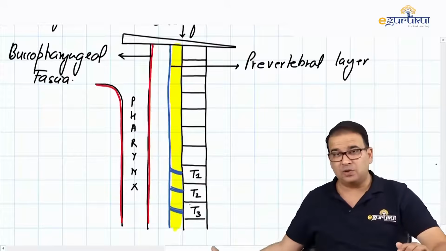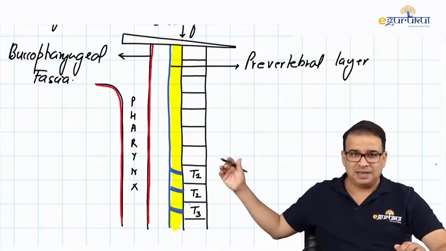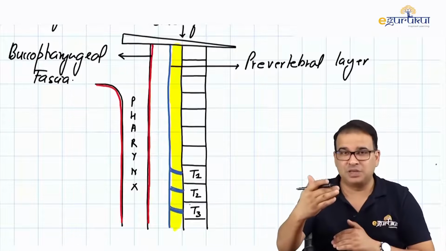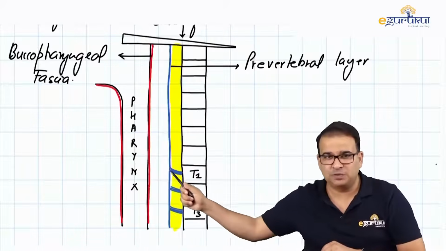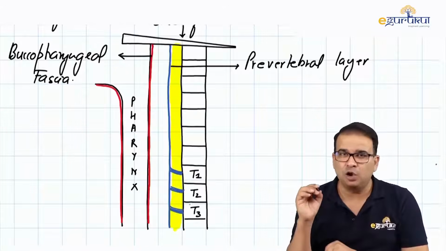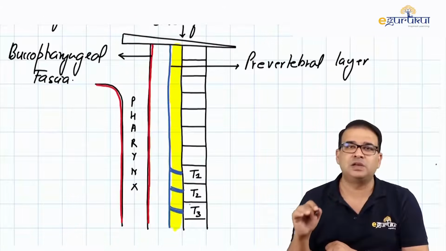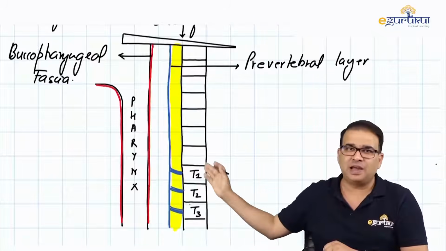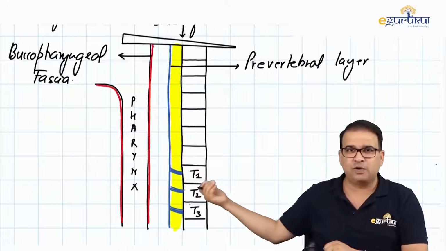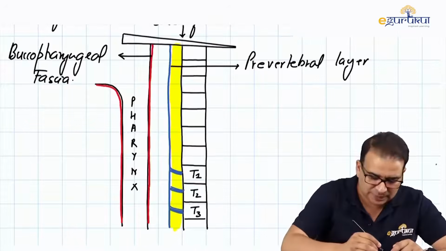It is extending all the way down till the coccygeal vertebrae. But yes, the prevertebral space above and the prevertebral space below are separated from each other. Why? Because we have an extension of this fascia which comes back and attaches to the anterior longitudinal ligament of T1, T2, and T3. Obviously, the body of the vertebrae has an anterior longitudinal ligament, and that ligament is receiving the attachment from the prevertebral fascia, which is separating this space from it.